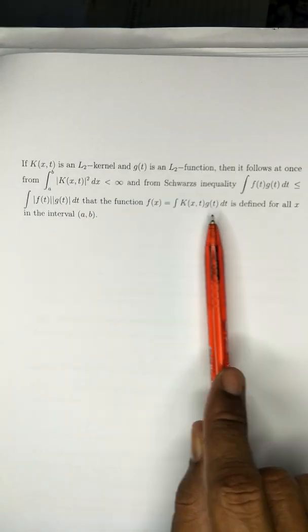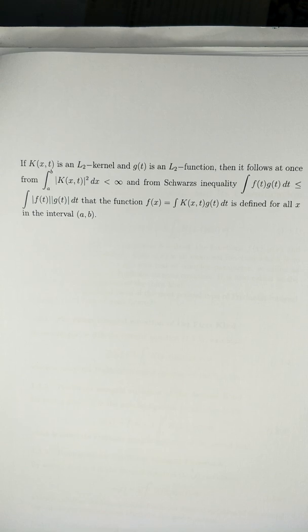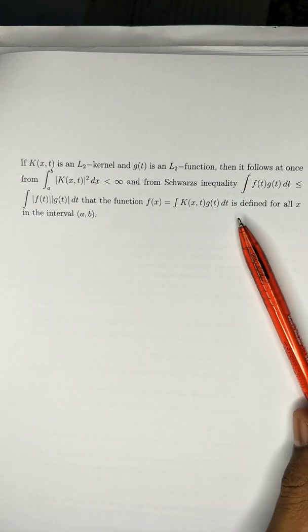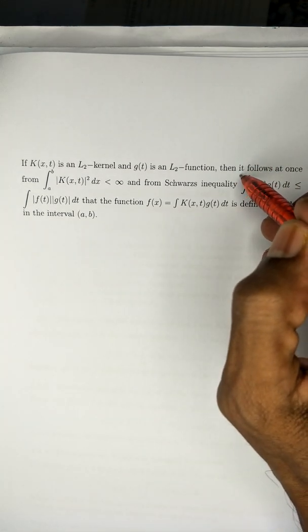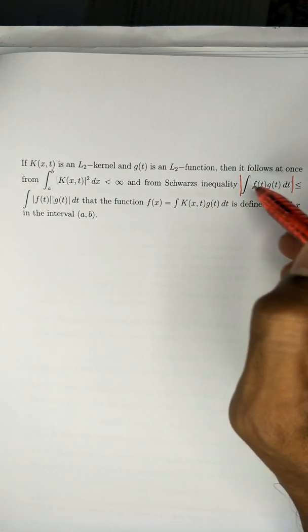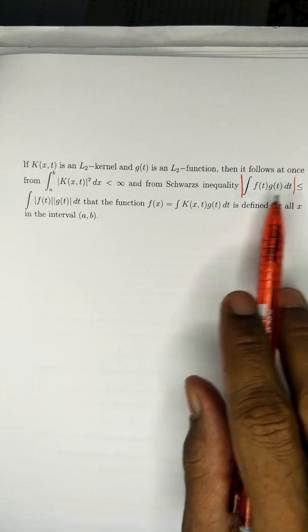So the function of x is defined for all x in the interval [a,b]. I think we should have this thing here missing; mistyping that. All right.